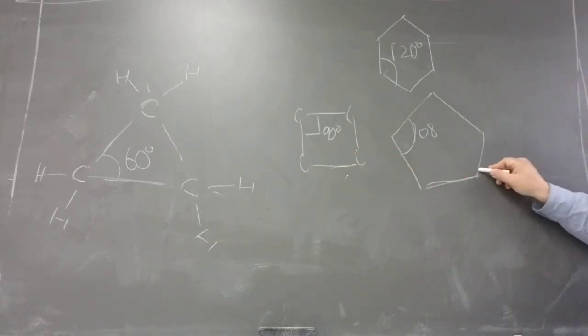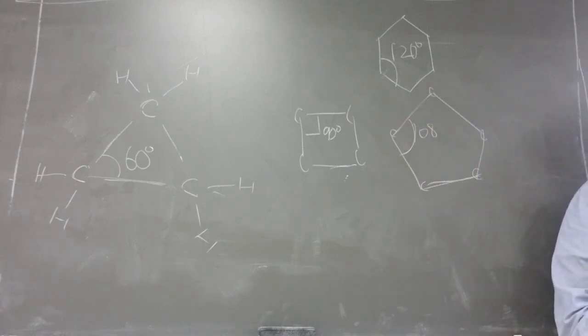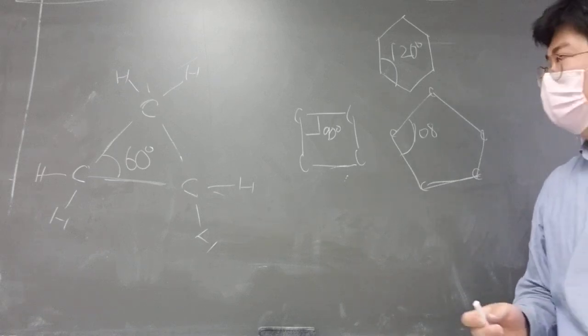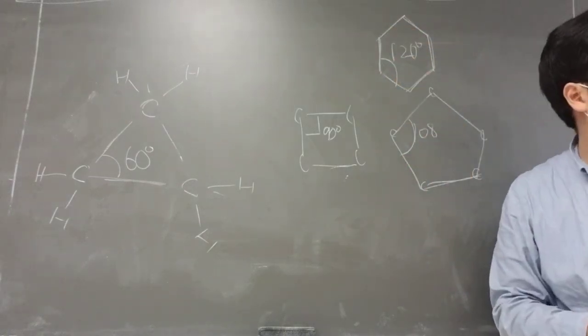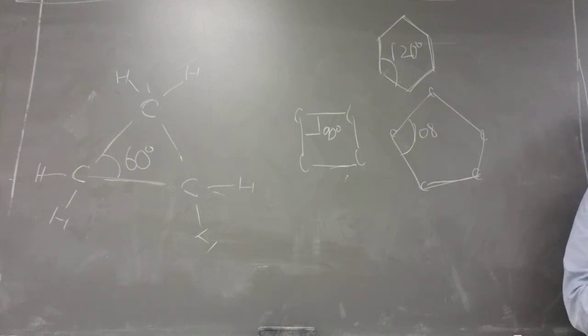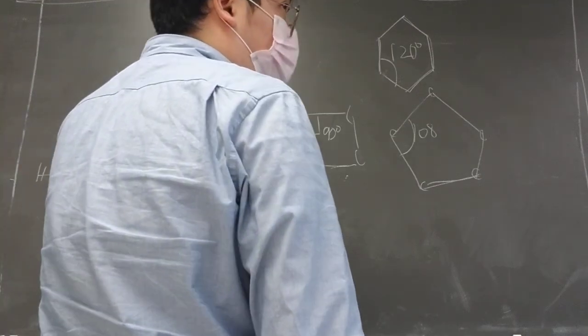Maybe this one is very okay. It's very close to 109. It's 108. Okay, cyclopropane is worse. Maybe this is also a problem: it's wider than it's supposed to be. So that's what the scientists back in the day tried to predict using these angles from the planar ring structure.